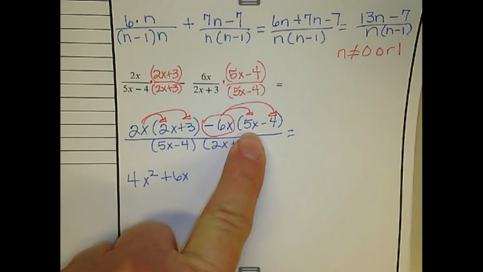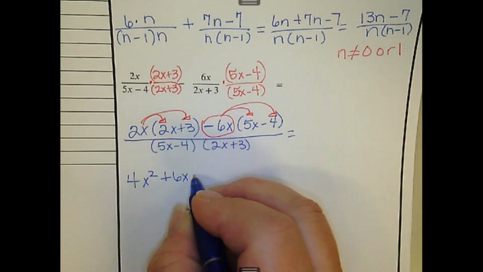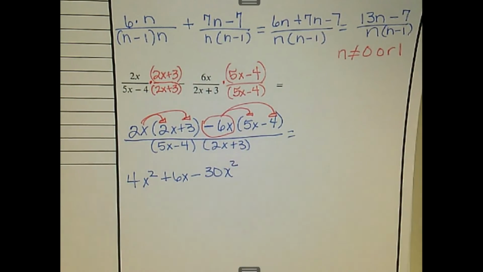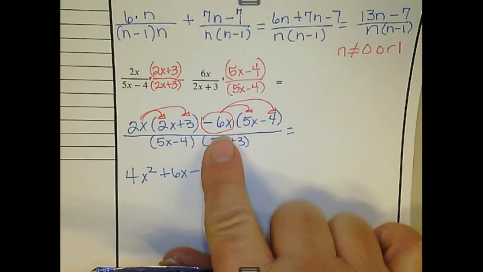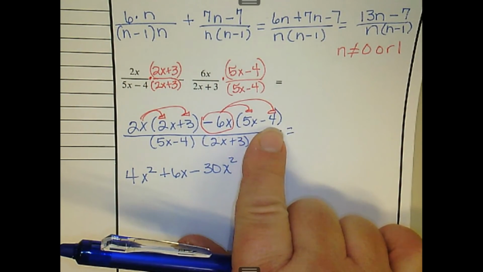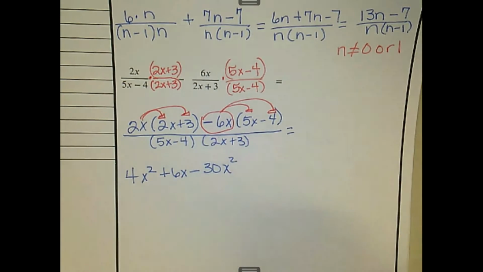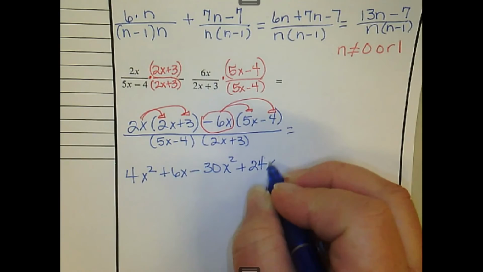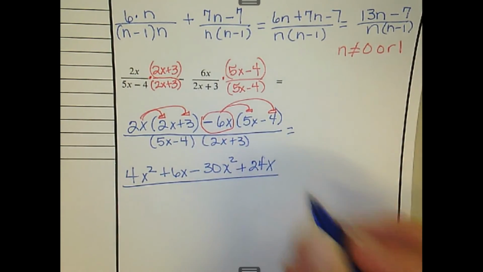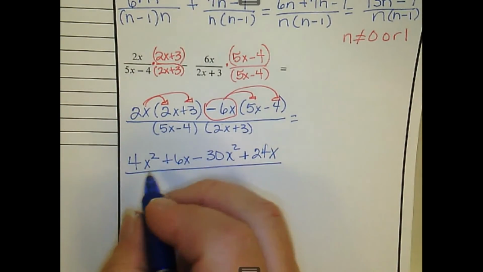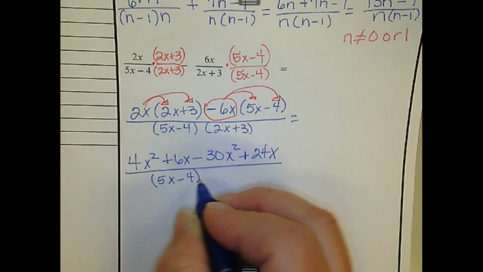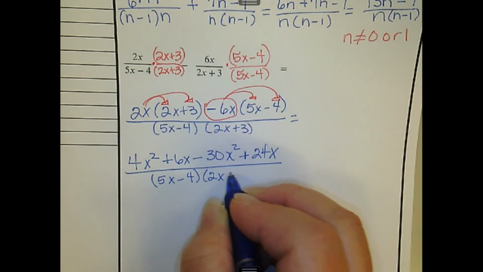Negative 6 times 5x is negative 30x squared. Negative 6x times negative 4. Negative times negative is a positive. 6 times 4 is 24, followed by your x. The numerator does not change. The denominator does not change. 5x minus 4 times 2x plus 3.